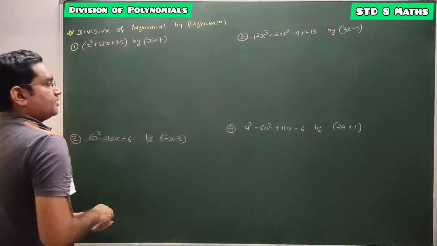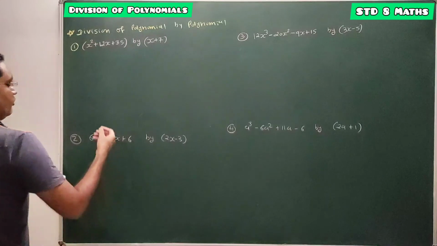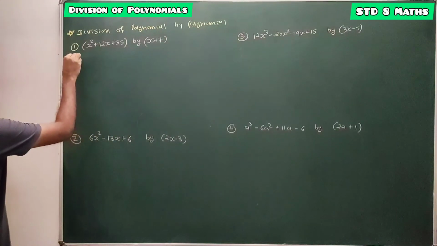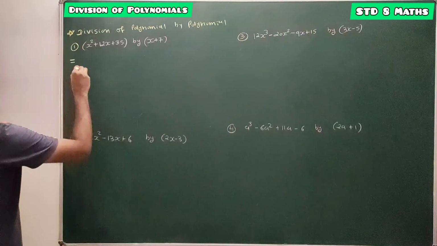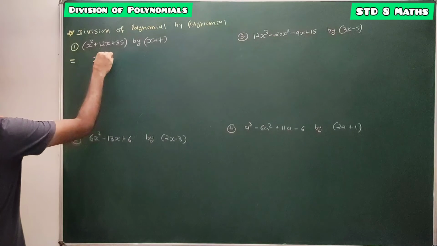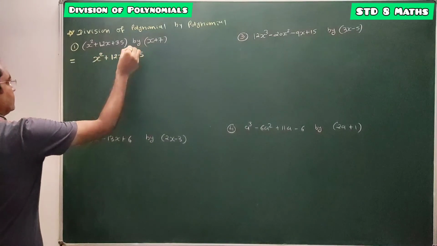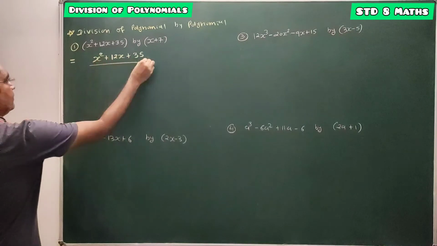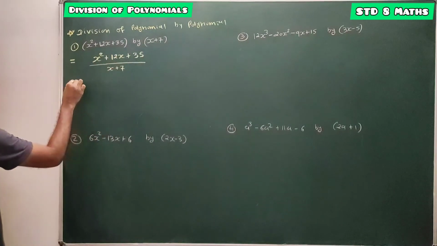Okay, now the third case, that is division of polynomial with polynomial. So how to perform this type of division? First step, you have to write the given polynomials in numerator by denominator form. So it will be x square plus 12x plus 35, divide this polynomial by x plus 7.